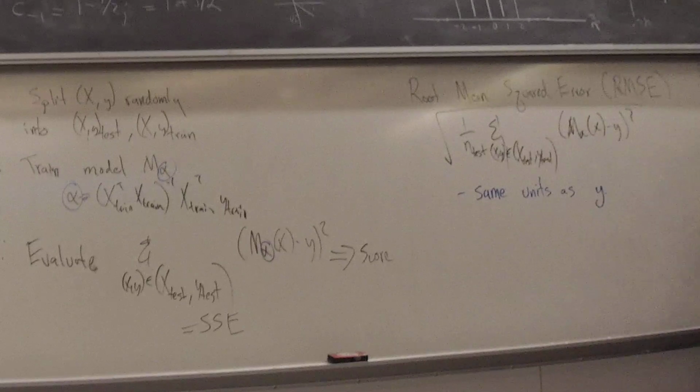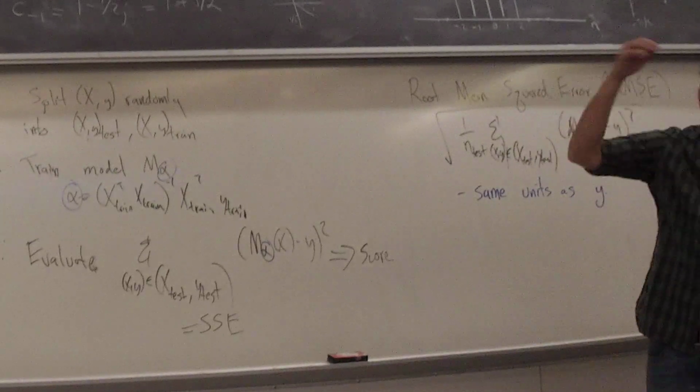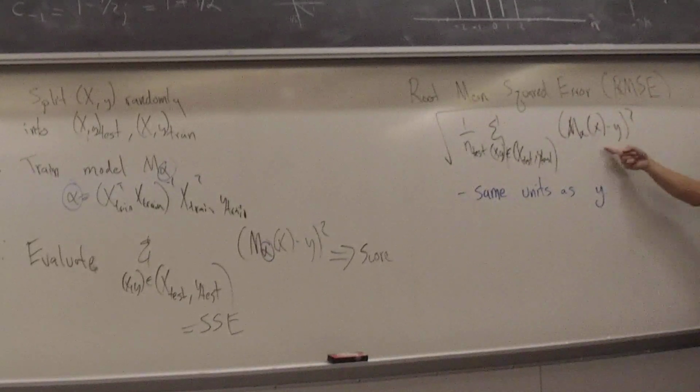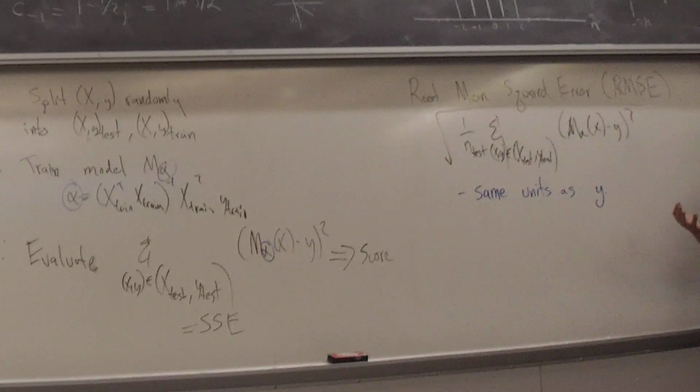So what this means is that if I go back to the second thing over there and look at these residuals, but I just look at the residuals on the test data, and I look at the root mean squared error, then this should be converging to the true error on new data as the number of test data points is getting larger. And by the central limit theorem arguments that we talked about earlier, we can look at how fast this is converging.